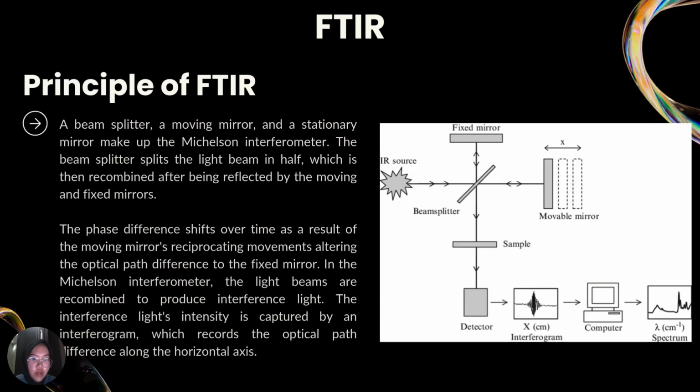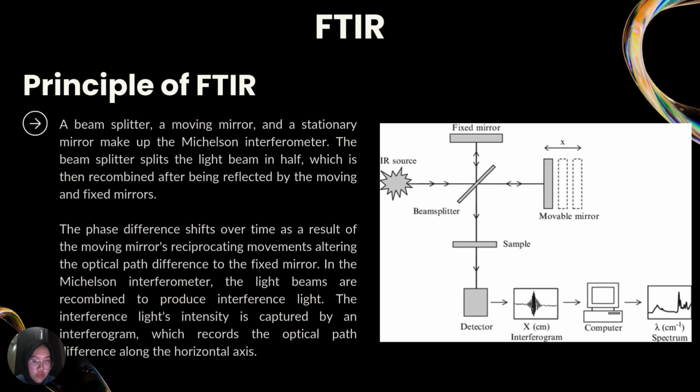Principle of FTIR. A beam splitter, a moving mirror and a stationary mirror make up the Michelson interferometer. The beam splitter splits the light beam in half, which is then recombined after being reflected by the moving and fixed mirrors.